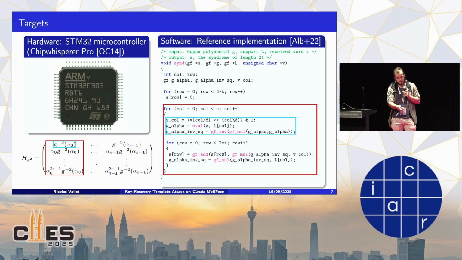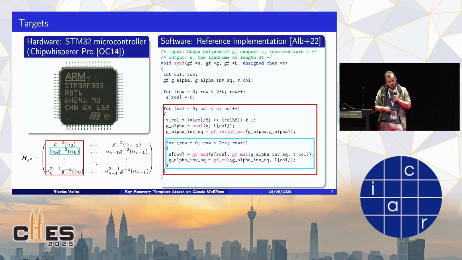Then the second loop, the inner one, iterates over the rows of HG2: first it partially computes the syndrome, and then it multiplies the coefficient of HG2 by alpha to get the following coefficients.